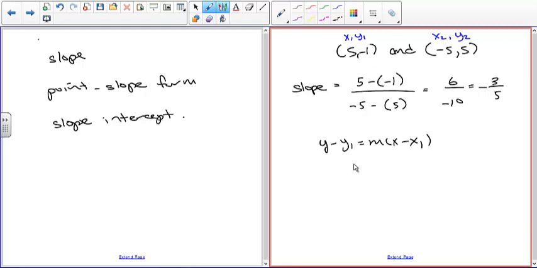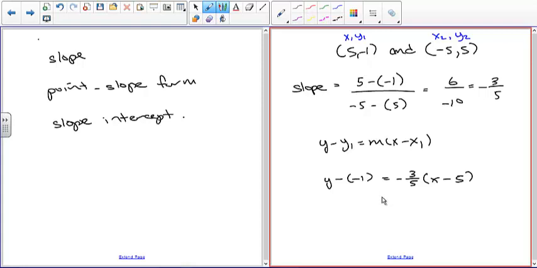You get the same answer either way. So you get y minus y1, which is negative 1, equals the slope, negative 3/5, times x minus x1, which is 5. That's the point-slope form of the linear equation.